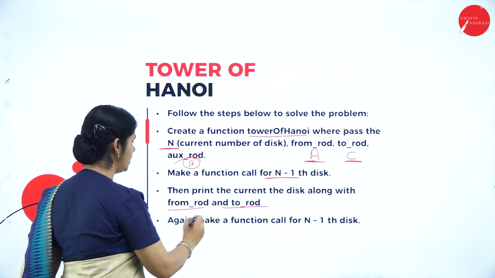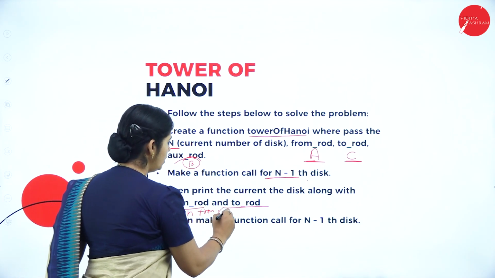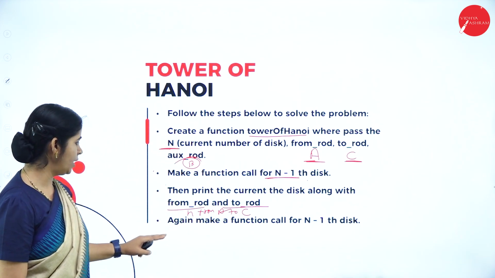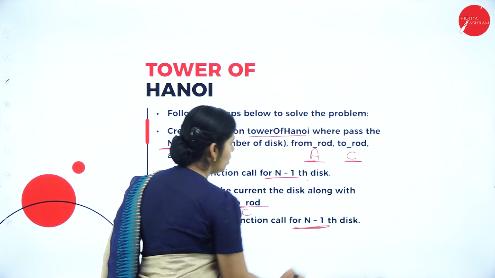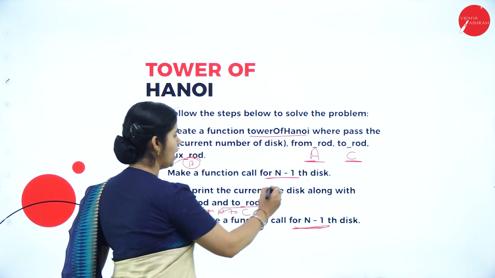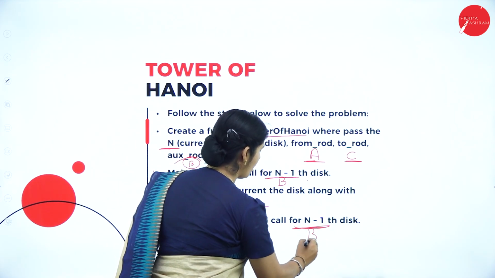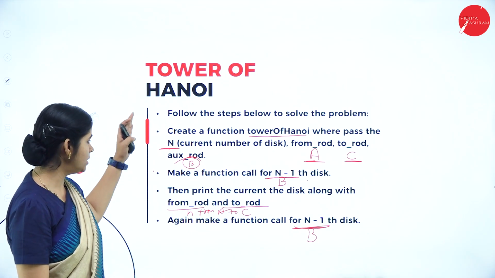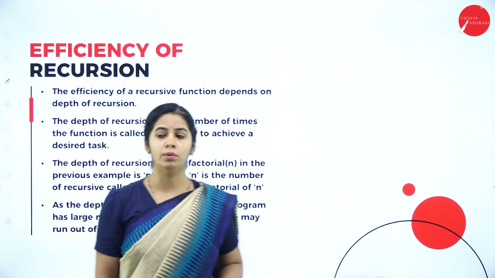If n minus 1 is done, I have n left, from A to C. That is what we are printing. Again, make the function call for n minus 1, where n minus 1 disks will be in rod B. For this rod B, we again make a function call to Tower of Hanoi. This is the algorithm to solve the Tower of Hanoi problem.